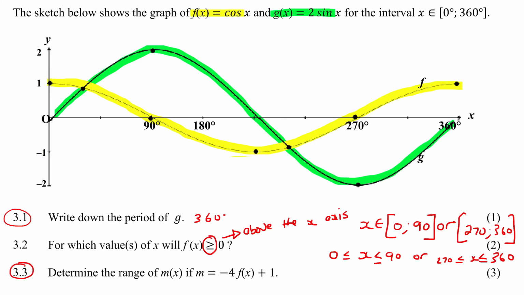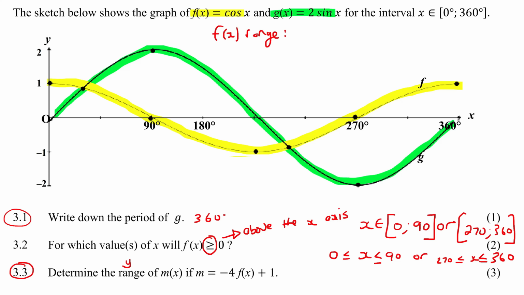This one over here says, determine the range, remember that's the y values, of m if m is equal to that. Okay, so immediately I realized that they have the graph f. So I'm going to ignore this for now, and I'm just going to go look at the graph f and look at its range. Okay, so the range is the y value.